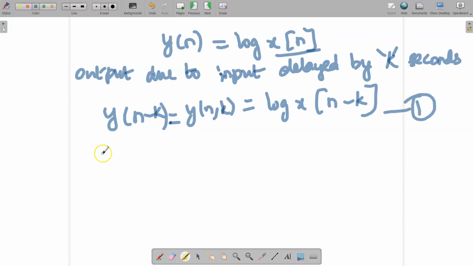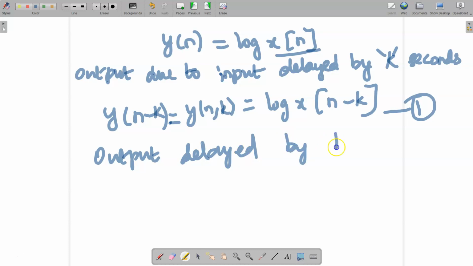The next step is the output delayed by k seconds. The first step was the output due to input delayed by k seconds. The second step is the output itself delayed by k seconds. Wherever you have n, you have to replace it by n minus k.